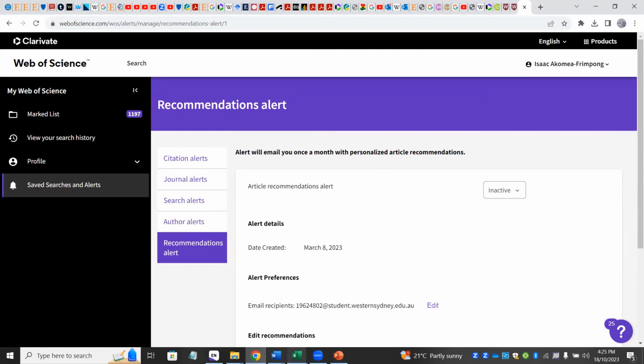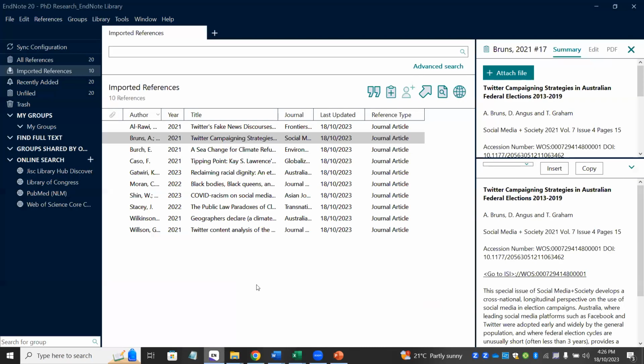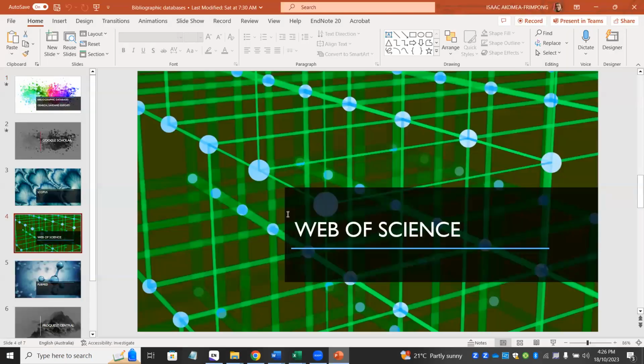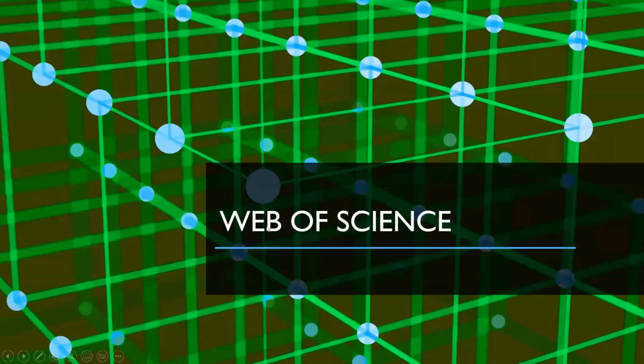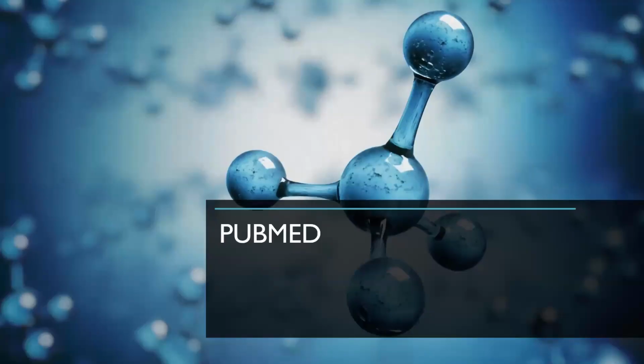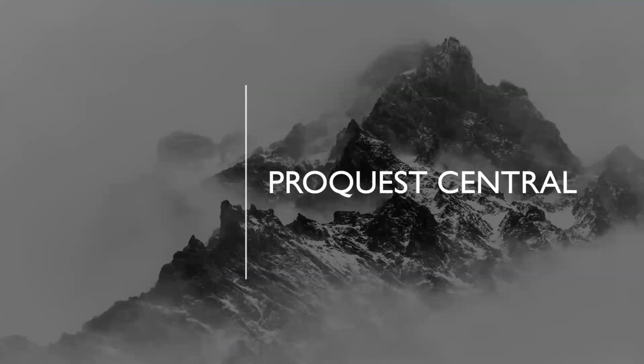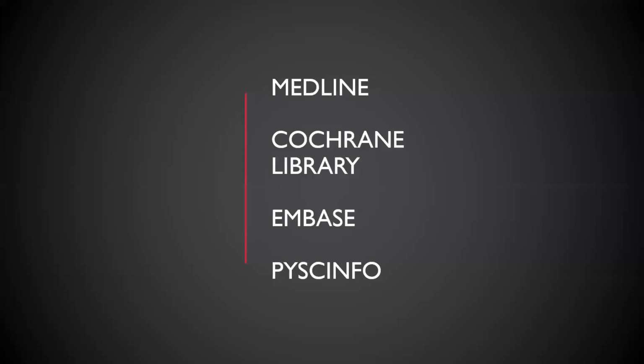Yeah, so that's it for now. I think it's been good taking you through Web of Science. The next area that we look at is PubMed. Then after PubMed, we look at ProQuest and Dimensions.